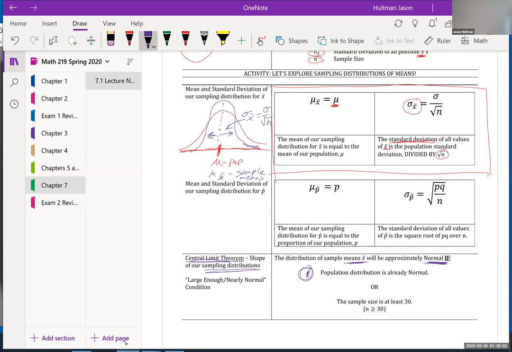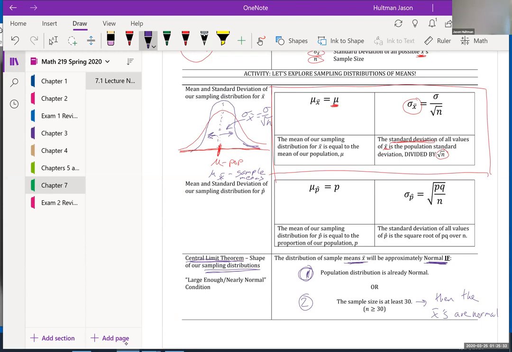Or, if it wasn't a normal population to begin with, then if the sample size is at least 30, the distribution of the X bars will be normal.